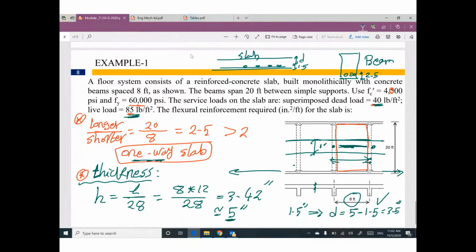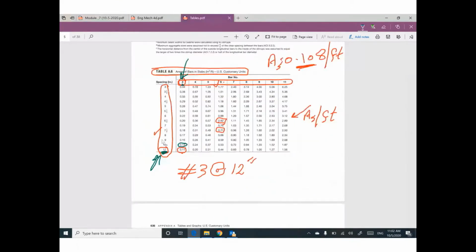But this table, keep it in your mind in designing a slab. If you are designing a slab, we are going to use this table.